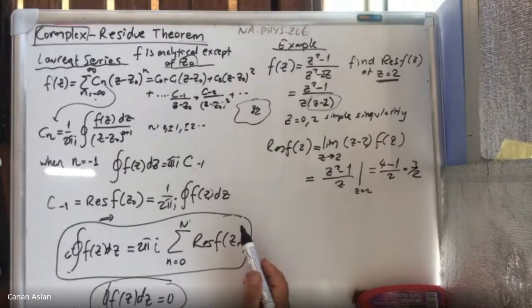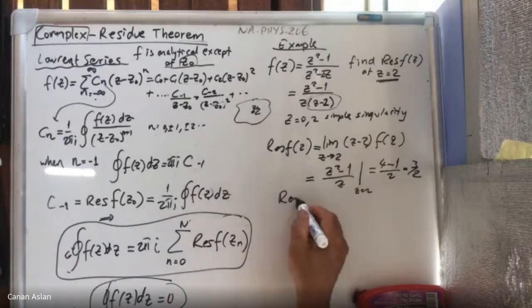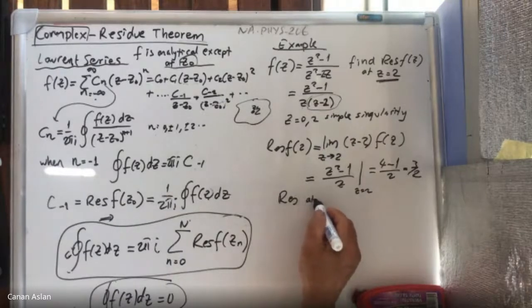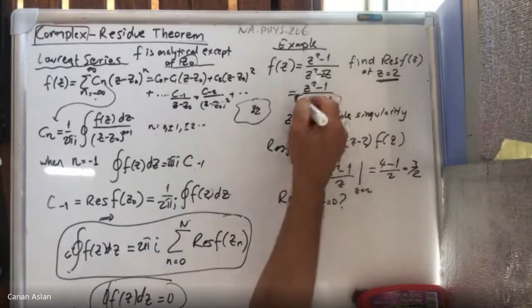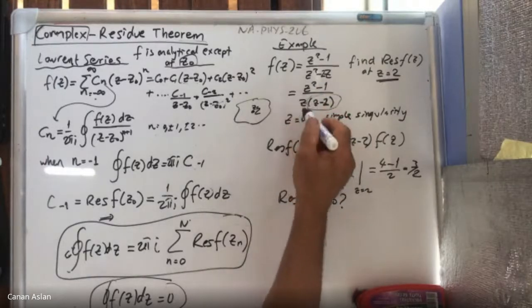But what about the residue of the function at z = 0? In this case, we multiply the whole function by z so that this singularity goes away.